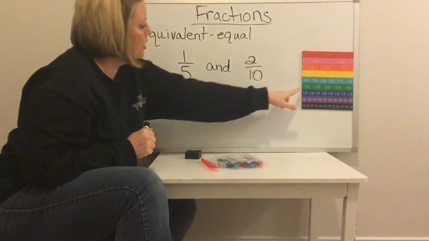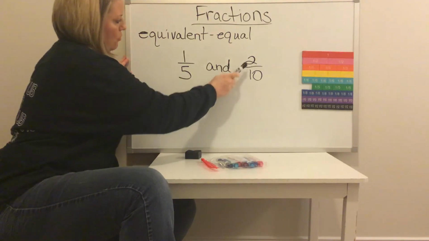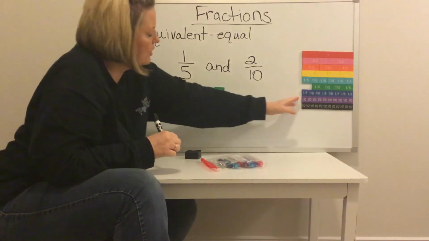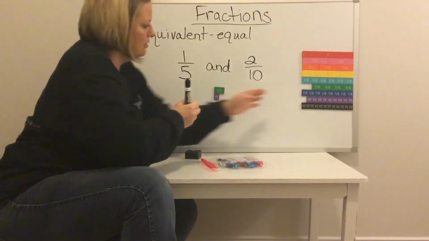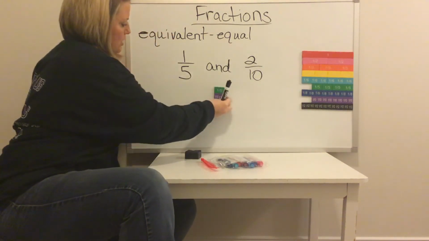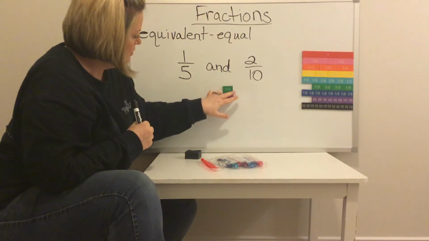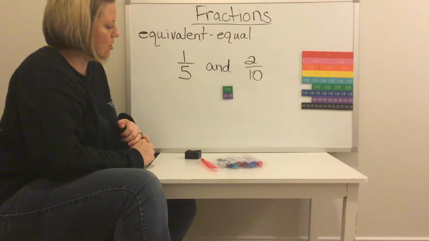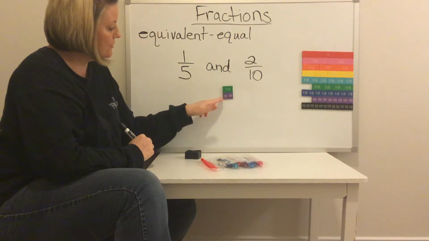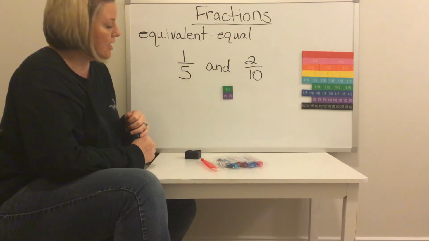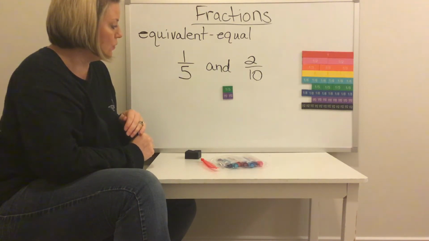So I'm going to take a 1/5 piece and compare it with 2 1/10 pieces. So there's 1/10 and 2/10. And I'll look at those carefully, and I can see that they are exactly the same size. The 2/10 makes up the same amount as the 1/5. So they are equivalent. They are equal.